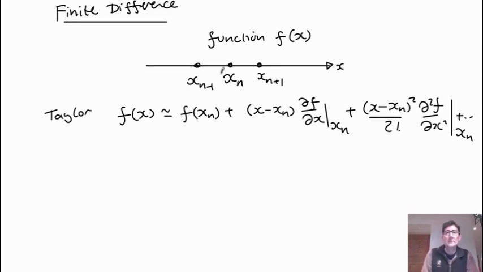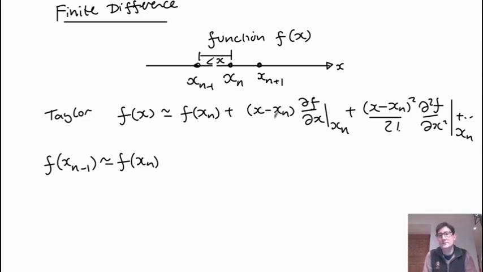So what we then do is write the value of f at xn minus 1 and xn plus 1 in terms of this Taylor series. We just put xn minus 1 into this formula, so f at xn minus 1 is roughly f of xn, and then this x minus xn, if it's xn minus 1 minus xn, is this distance here we call delta x. That's the distance between grid points. And this is negative because xn minus 1 is less than xn.